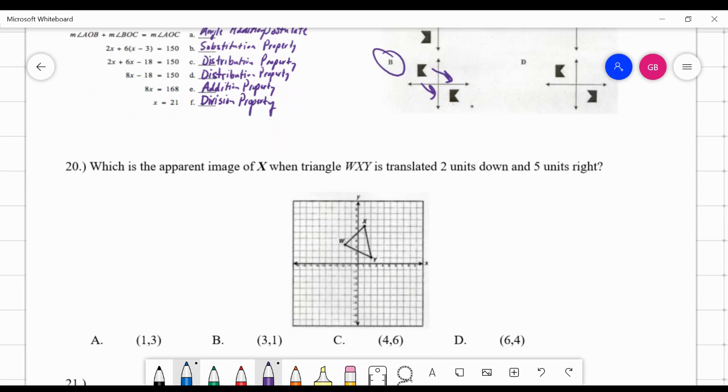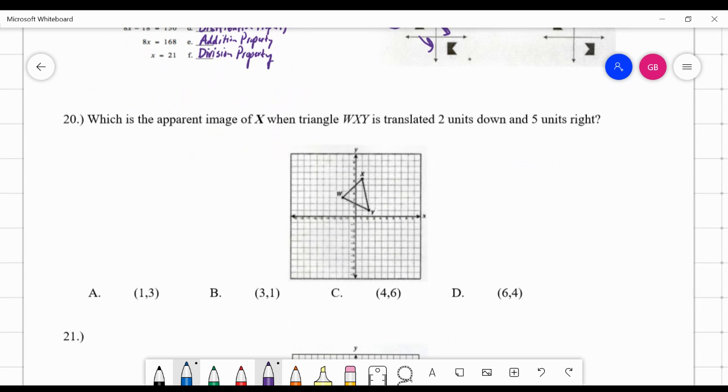Okay, let's see. 20. Which of the following is the apparent image of X when triangle WXY is translated 2 units down and 5 units to the right? So the image of X. So X is here. If I go down 2 units and to the right 5, 1, 2, 3, 4, 5.